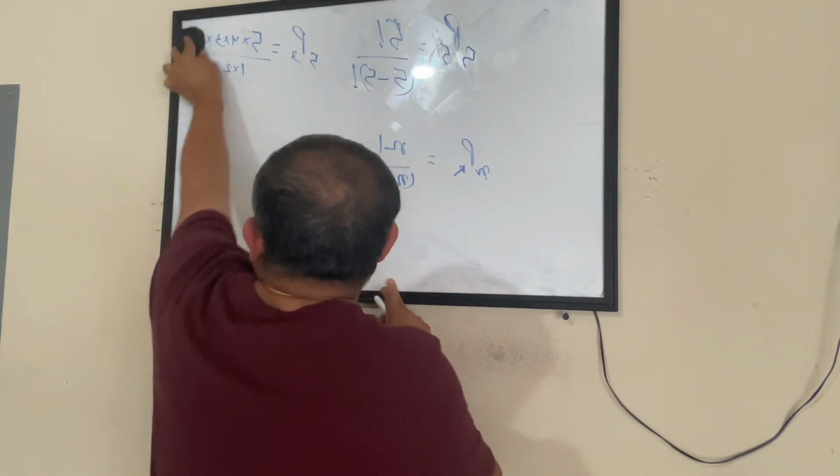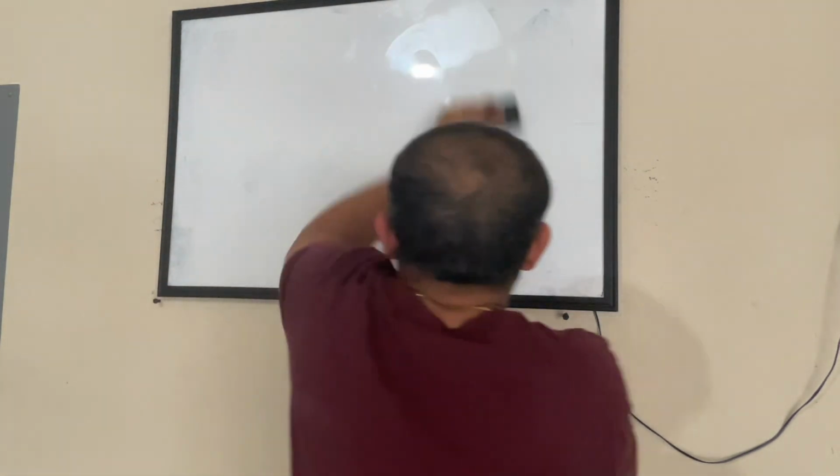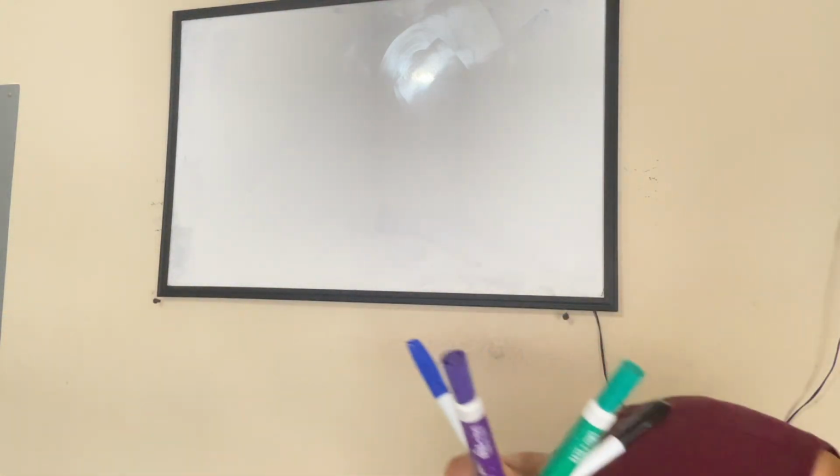So let's do a very simple example. Now let's say I have 5 colored markers. This is blue, this is purple, this is green, this is black, and there's a red one also.